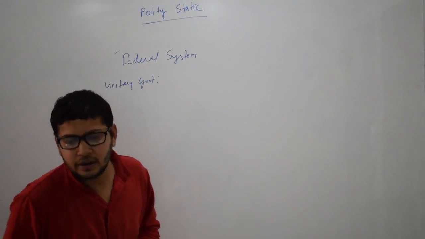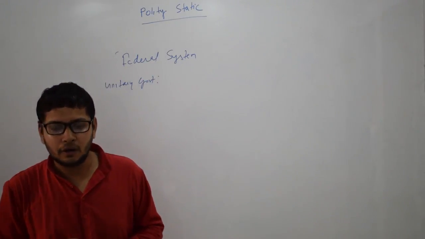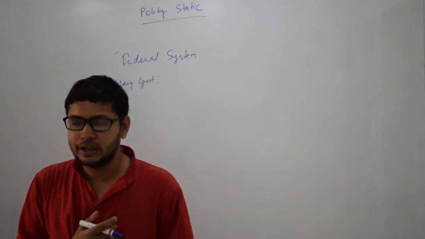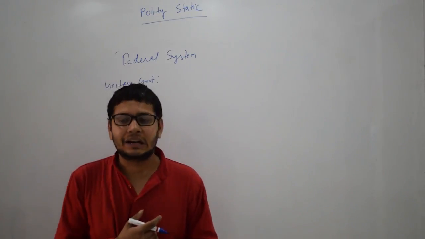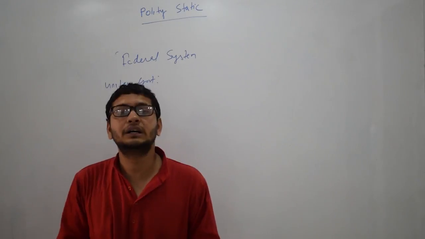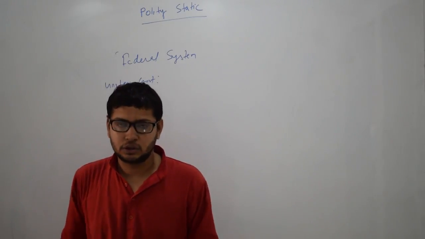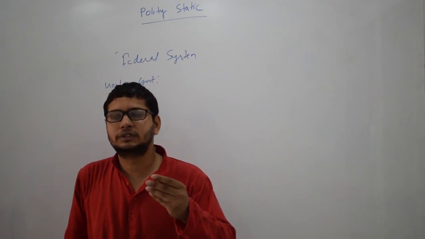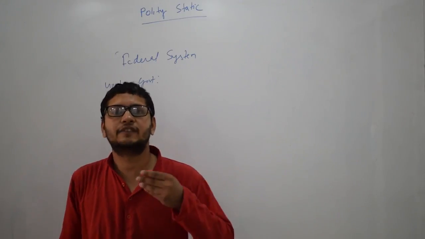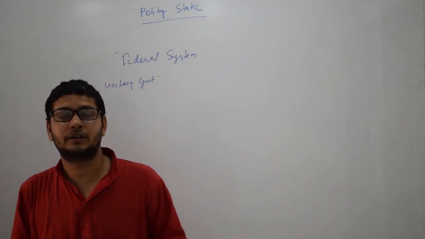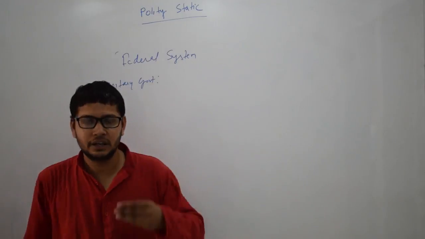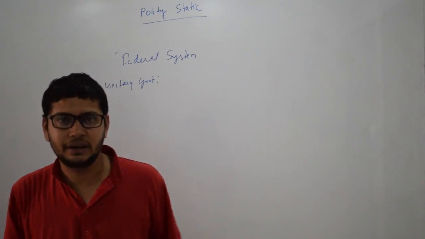A unitary government is a government where all power is vested in the national government, and regional governments derive their authority from the national government. So even in states like England and France, which are not federal states, you have different sets of government.